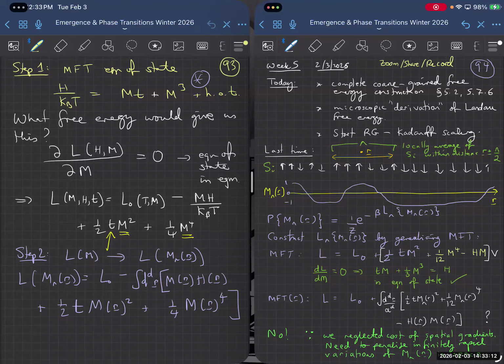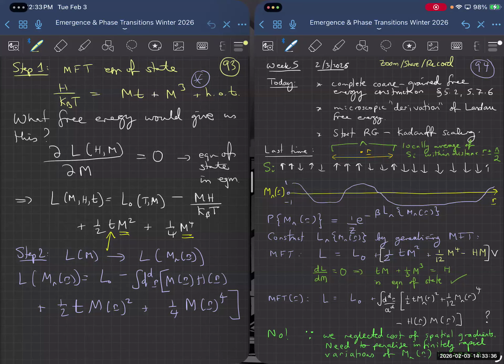And then we move this along, average the spins within that distance, and then construct this coarse-grained continuous function in a continuous space. It's continuous in two ways. One, the variable is a continuous variable between -1 and 1, and also it's a function of a continuous spatial variable rather than a discrete variable.